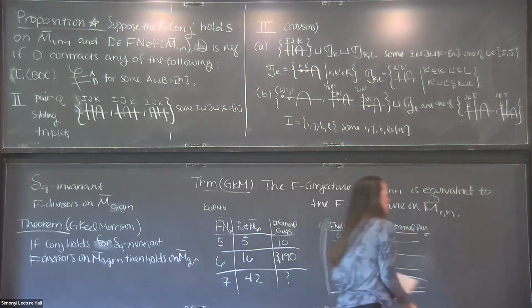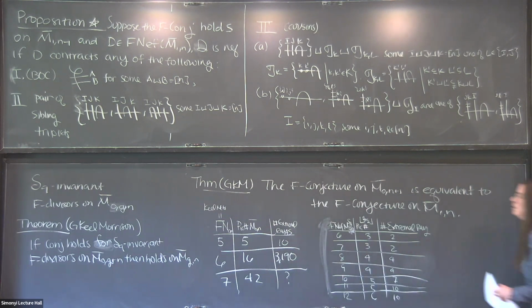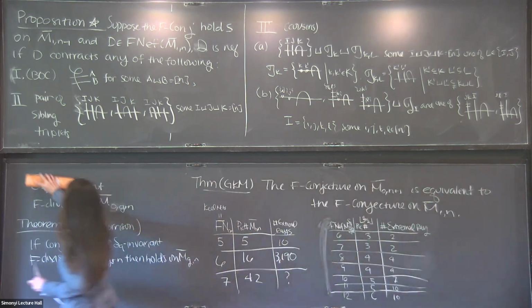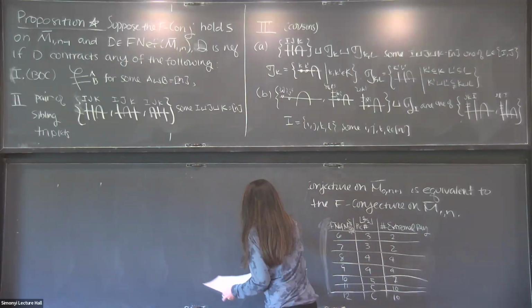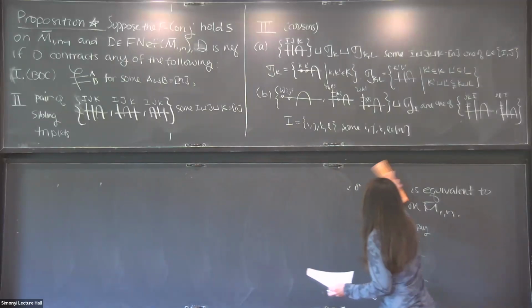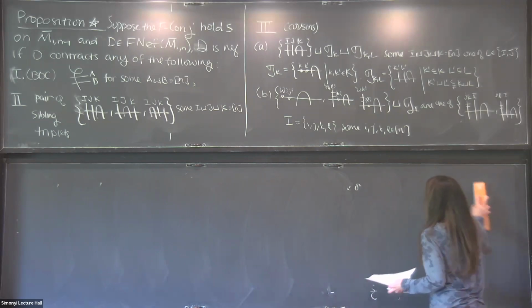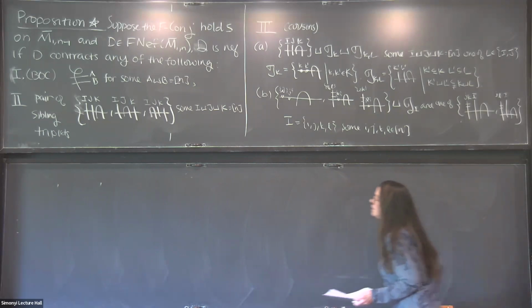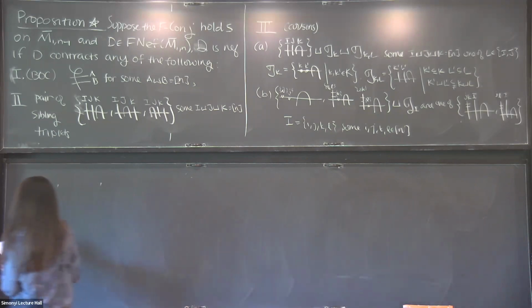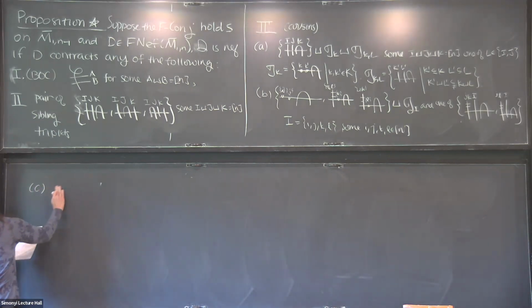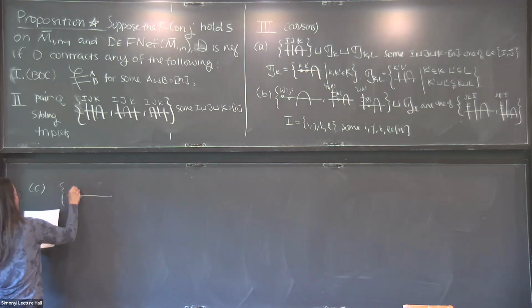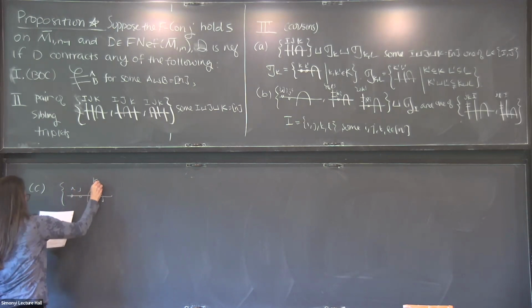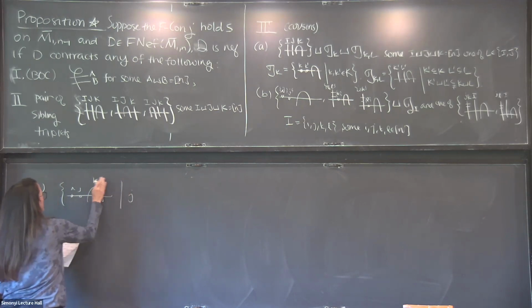Then I'll make a definition, then I'll tell you the reduction. So here is C, I, J, K, where this is just the complement.